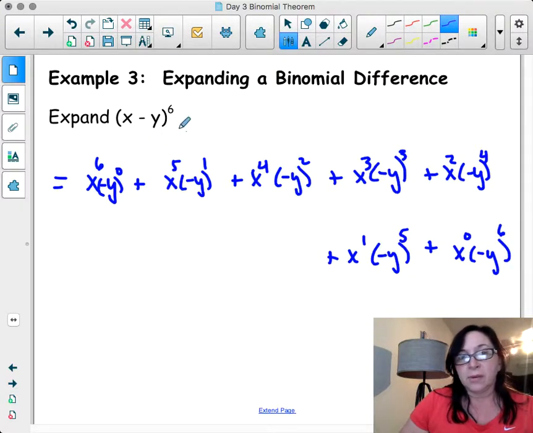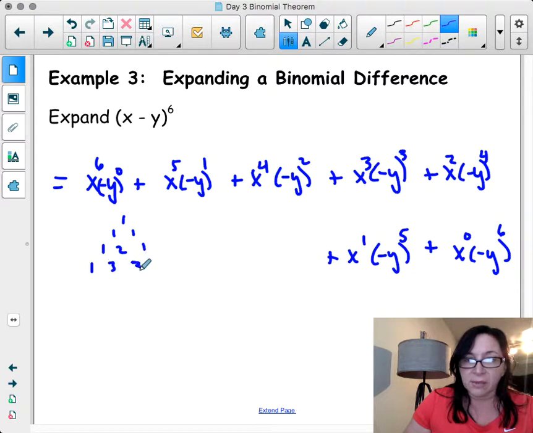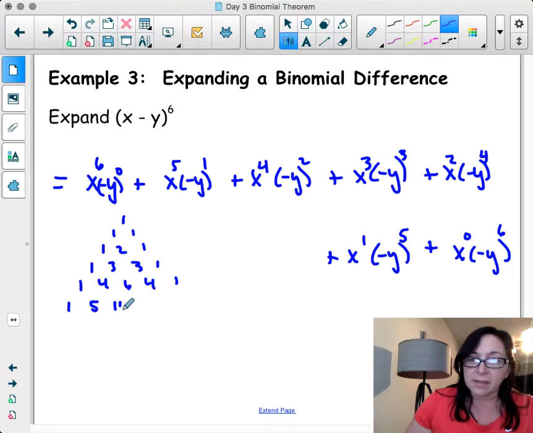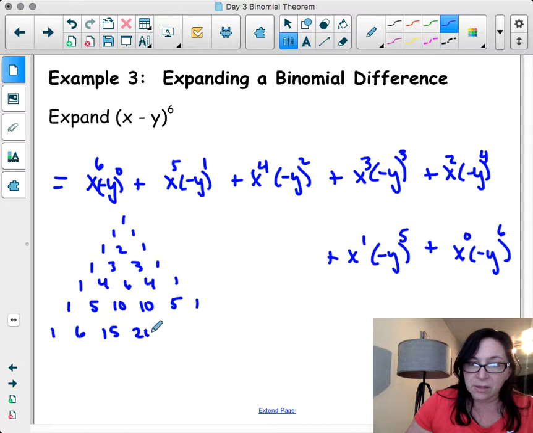And again, we need to plug in our coefficients, which are 1, 1, 1, 1, 2, 1, 1, 3, 3, 1, 1, 4, 6, 4, 1, 1, 5, 10, 10, 5, 1, 1, add them up: 6, 15, 20, add them up, 15 for those two, add these two up, 6, 1.